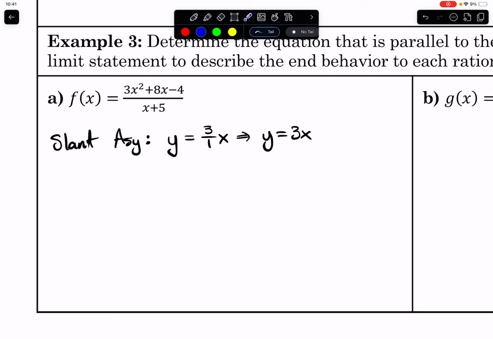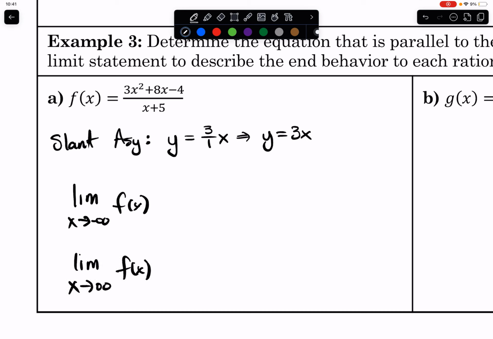Okay? Now, to figure out what the end behaviors are for f, they're not going to equal a number because we don't have a horizontal asymptote, we have a slant. Well, since this line is positive, positive lines look like that.